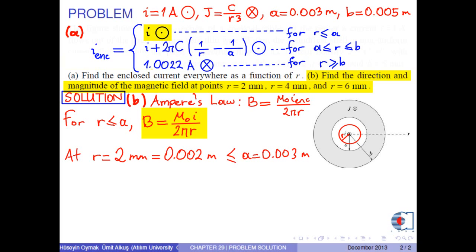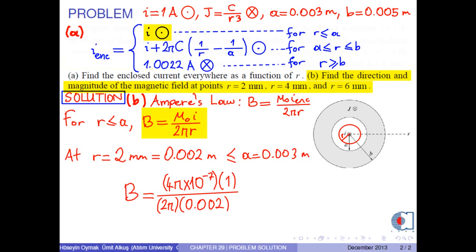Then, with the numerical values, we obtain the magnetic field as 1 times 10 to the negative 4 Tesla or 100 microtesla. And since the current is out of the screen, the direction of the magnetic field is counterclockwise by the right-hand rule.